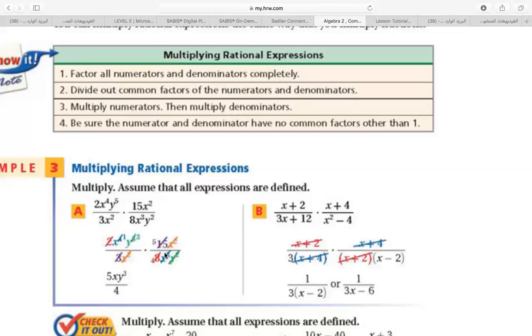What is left here? X to the power 3 is all cancelled, and left for me here x to the power 1. Why? Because when I simplify or divide the exponents, I subtract x to the power 4 and x to the power 3.